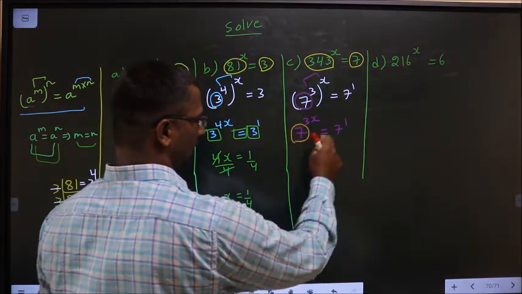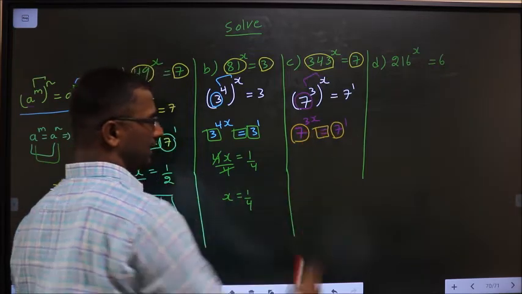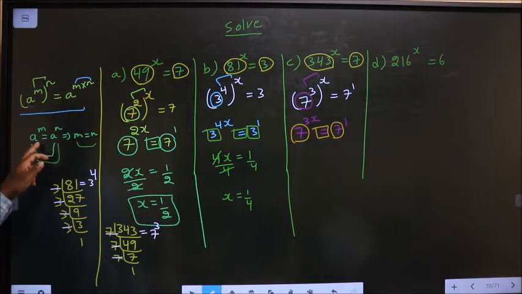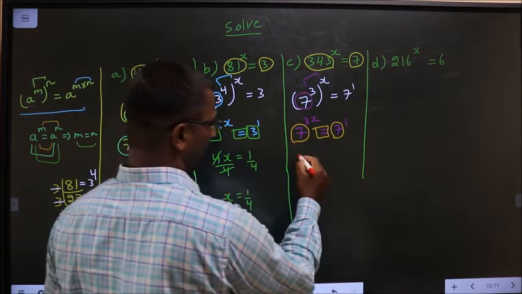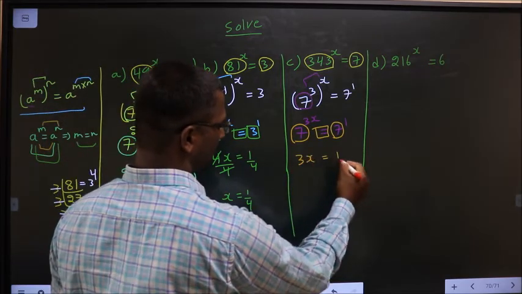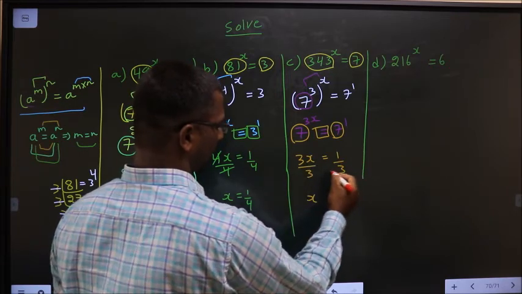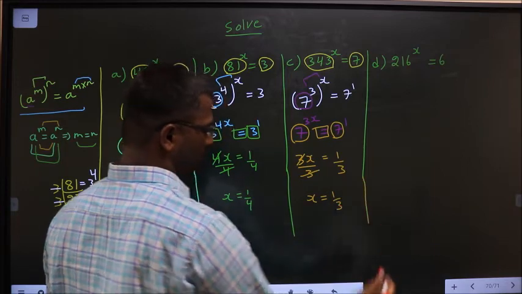Now your observation is bases are same and you have equal to between them. Bases are same, equal to means the rule is powers should also be same. So equate the powers. Here the power is 3x equal to 1. Now to get x, divide by 3. So this gets cancelled, you get x equal to 1 by 3.